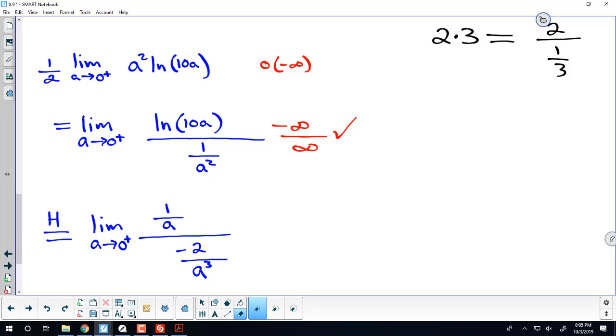If we keep taking derivatives, we get negative 1 over a squared up top, positive 6 over a to the 4th. Same scenario after same scenario. So every iteration of L'Hopital's rule, you simplify before you try to evaluate the limit again. So we're just going to simplify this, multiply by a cubed over negative 2.